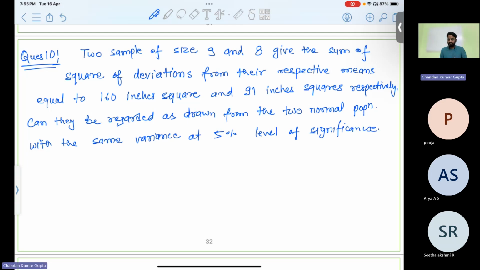So the question is, can they be regarded as drawn from two normal populations with the same variance? That means we test the sigma 1 square equal to sigma 2 square case.